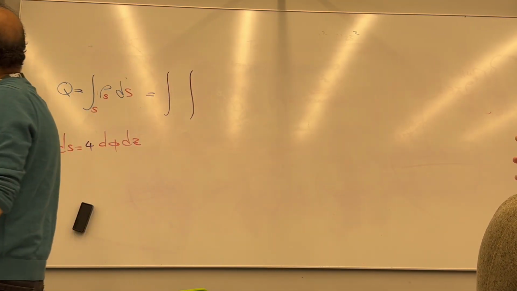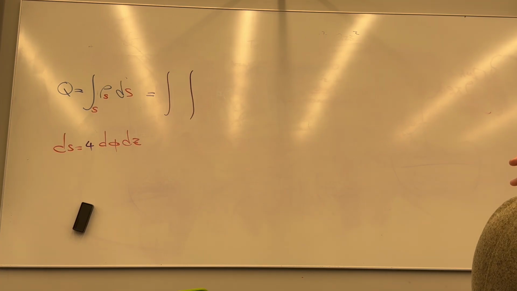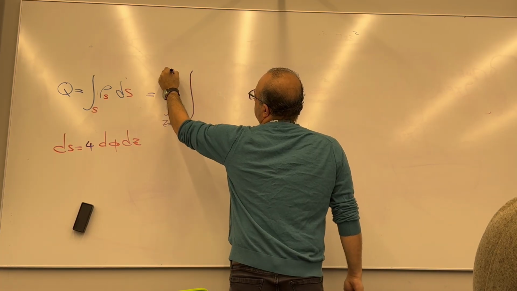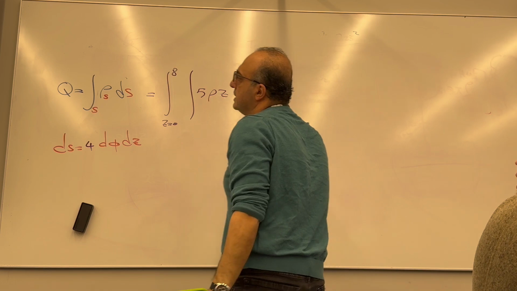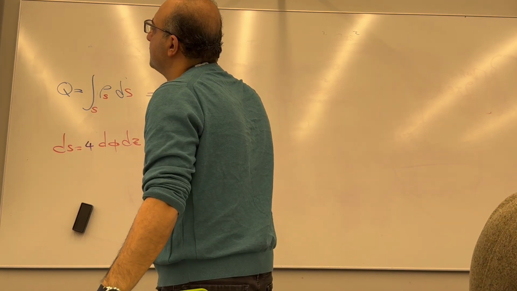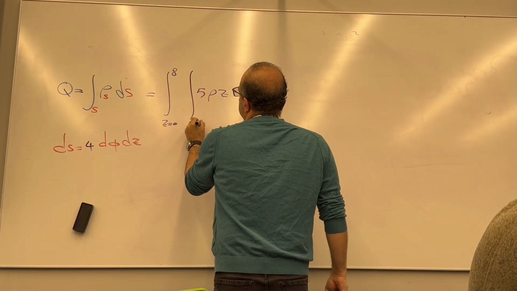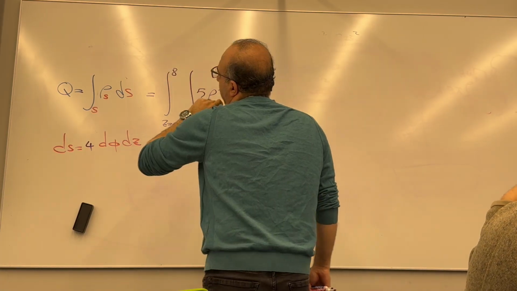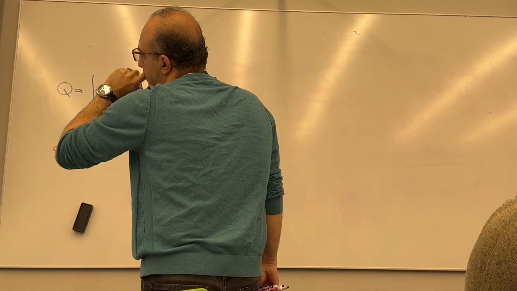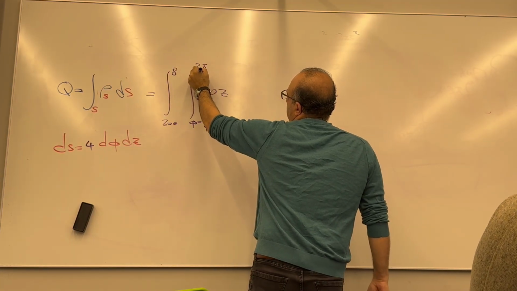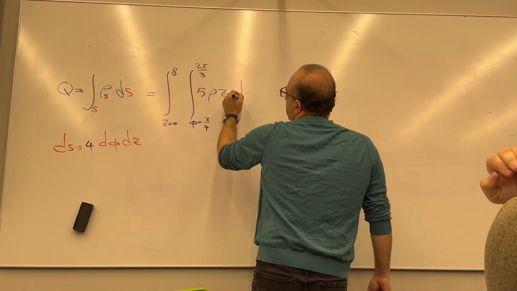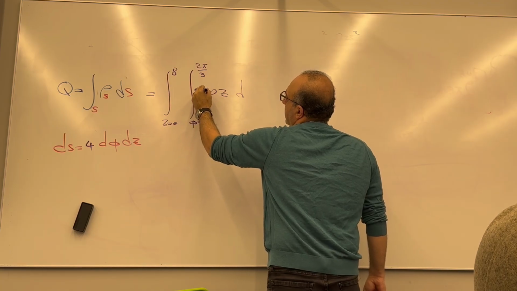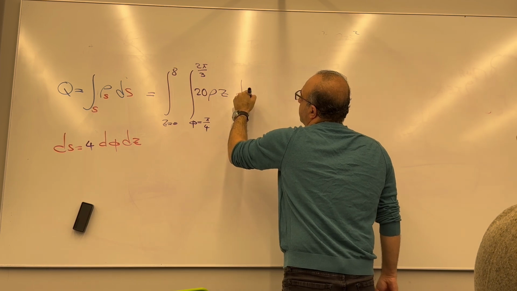Now it's going to be a surface integral of 5 rho z, from 0 to 8, and phi is 45 degrees, phi from pi over 4 is easier in this way, to 2 pi over 3. And it's going to be 4, so 5 times 4 is 20, d phi dz.